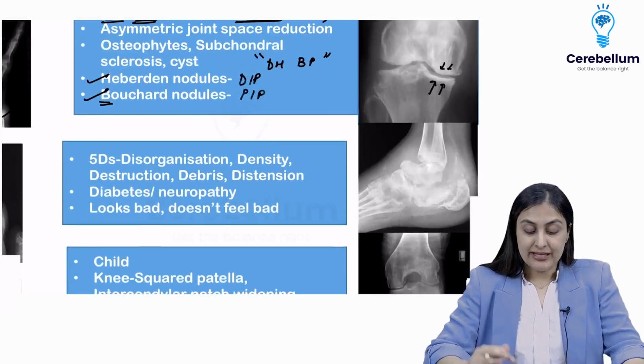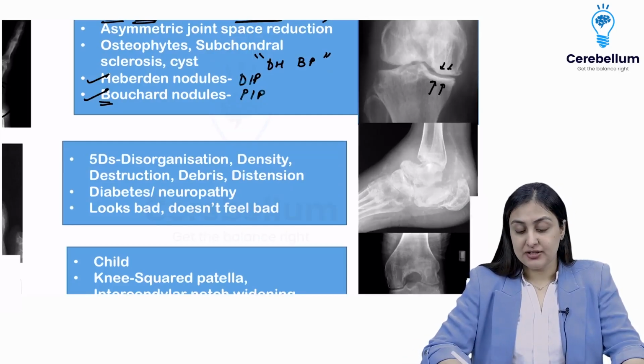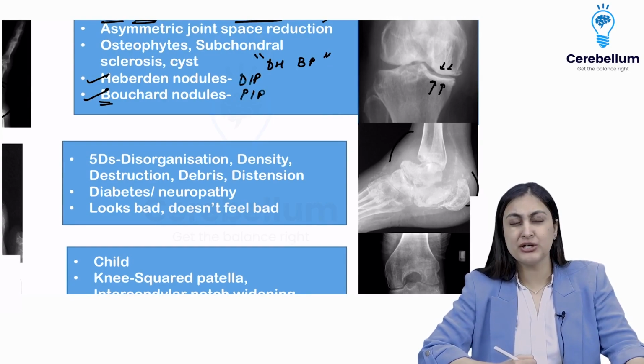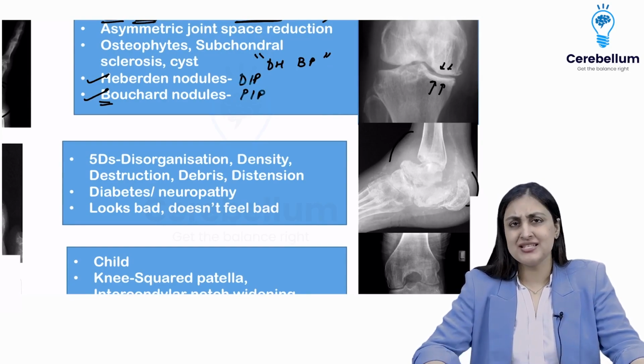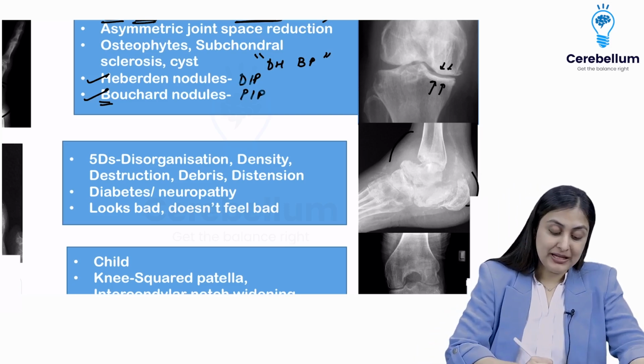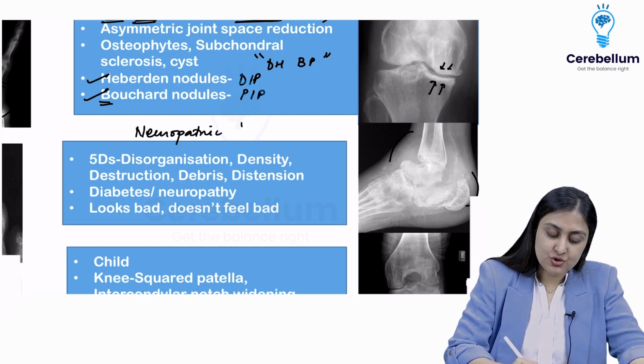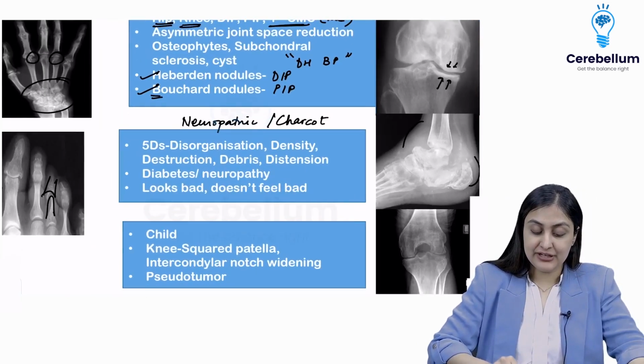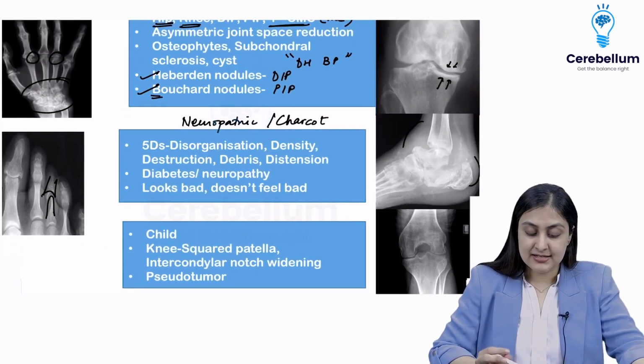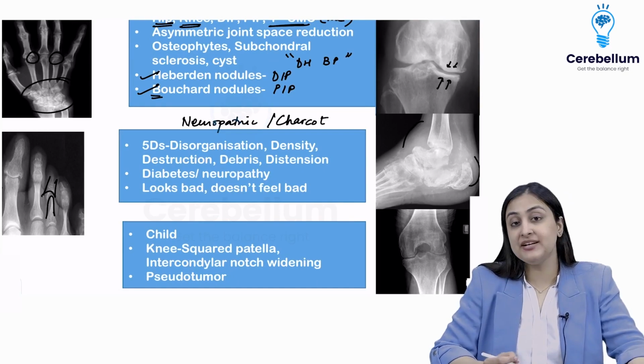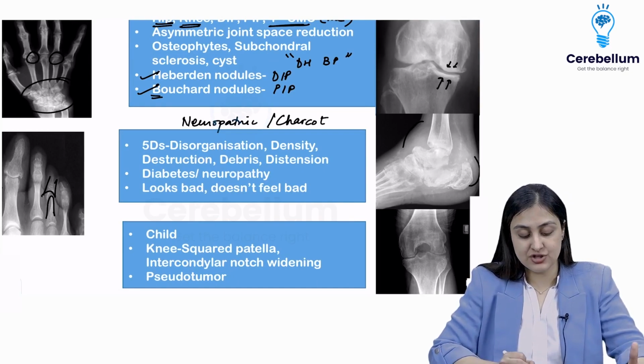Okay. When you have a diabetic patient, the patient has this severe joint effusion of the foot, but the patient says he has no pain. He has no pain because of neuropathy. So this is a neuropathic joint or a Charcot joint in which you have 5 Ds: disorganized, dense bones with complete destruction, debris and distension.